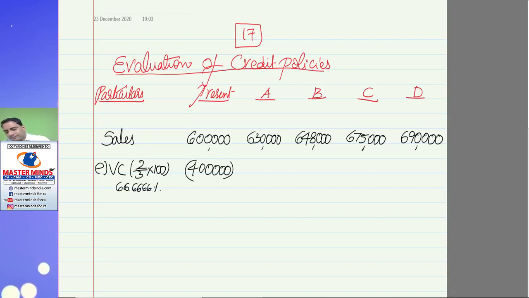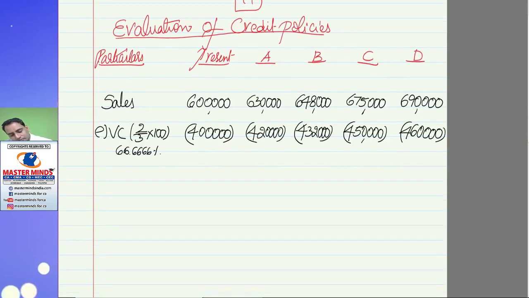So 4 lakhs; 6,30,000 into 2/3 is 4,20,000; 6,48,000 into 2/3 is 4,32,000; 4,50,000; 4,60,000. Contribution.